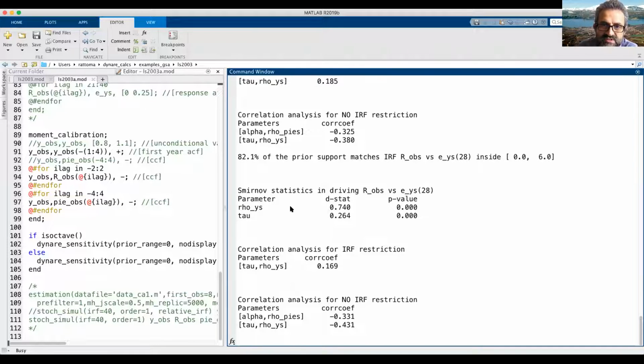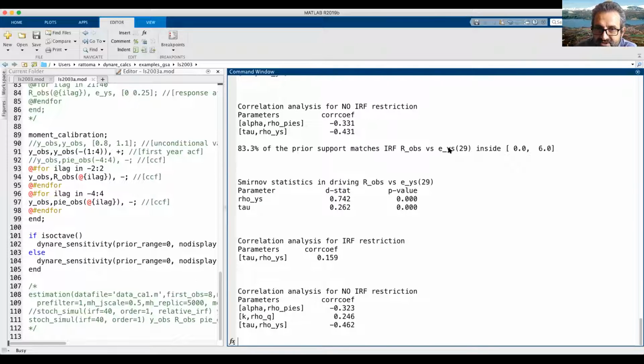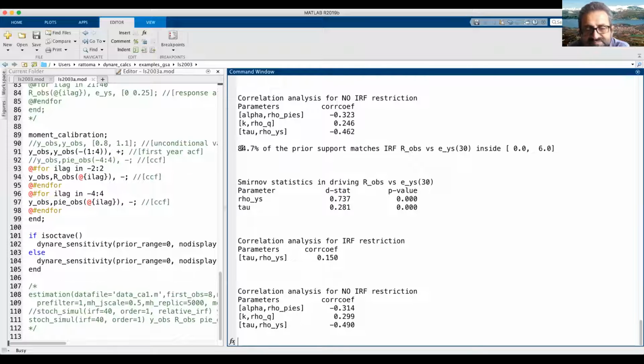So for example, you see that to match the interest rate versus YS shock, it is relatively easy at period 29. Now, as I said, one by one it's easy. The more constraints you put together, the more difficult it is, of course.